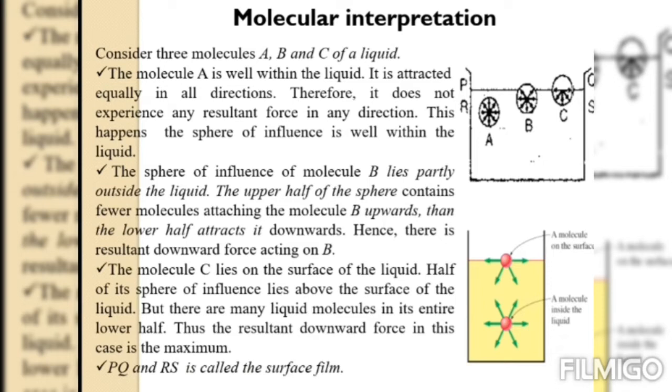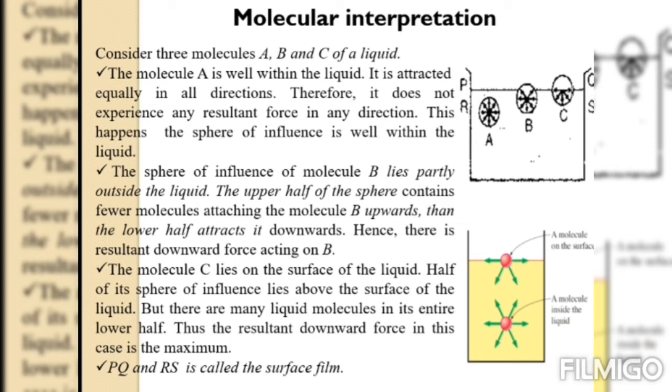Therefore, it does not experience any resultant force in any direction. The molecule B lies partially outside the liquid. The upper half of the sphere contains fewer molecules attracting B upwards than the lower half attracts it downwards. So there is a resultant downward force acting on B.